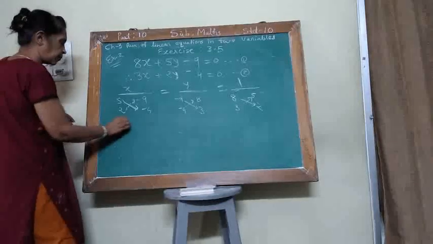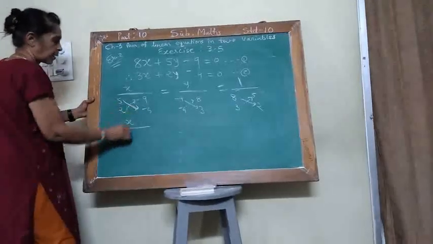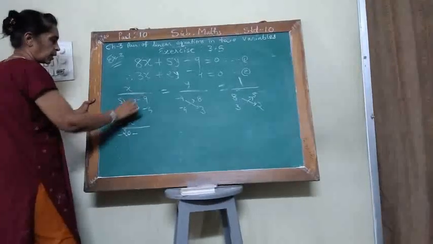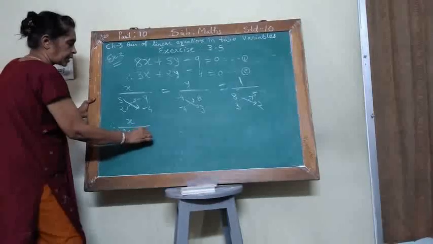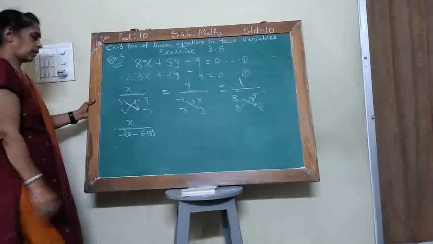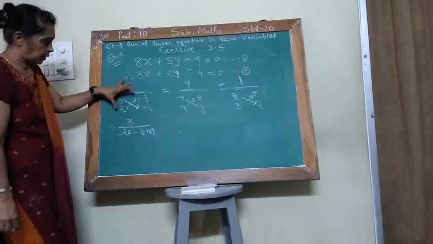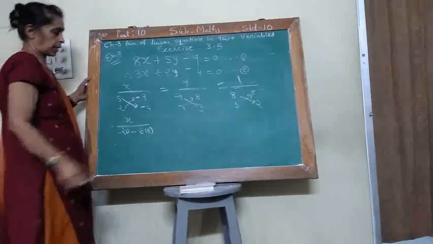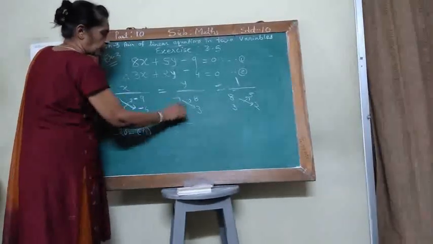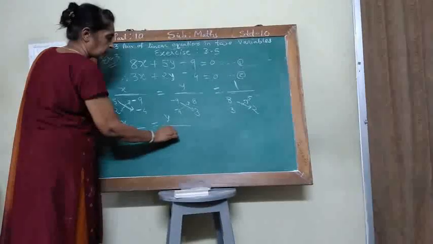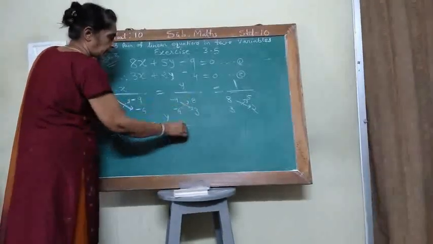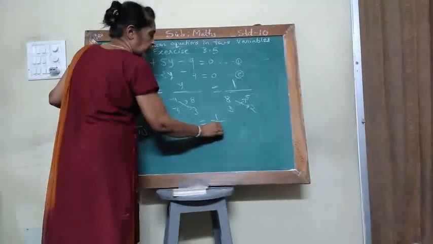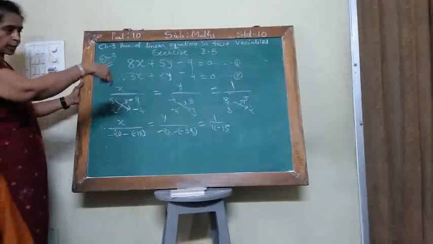Now do cross multiplication. X upon: minus 5 times 4 is minus 20, minus plus 9 times 2 is 18, minus 18. So the product of these two minus the product of these two. Since the product is negative, put it in brackets. It is equal to y upon minus 27 minus 32. It is equal to 1 upon 16 minus 15. 3 times 5 is 15.